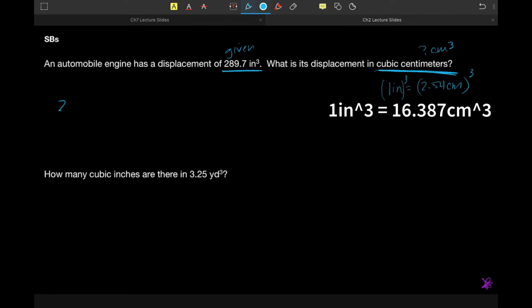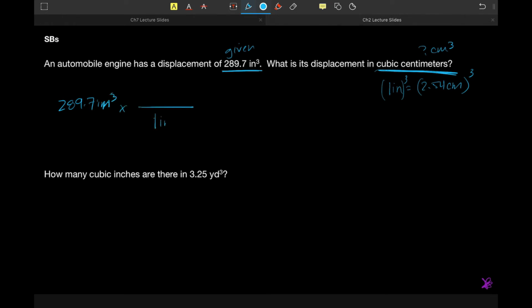So then this becomes 289.7 inches cubed, and then we're going to put my inches cubed down here. So 1 inch cubed, 2.54 centimeters cubed. Now, the reason these are different, and maybe we'd be better off doing that, is because 1 cubed is still 1.